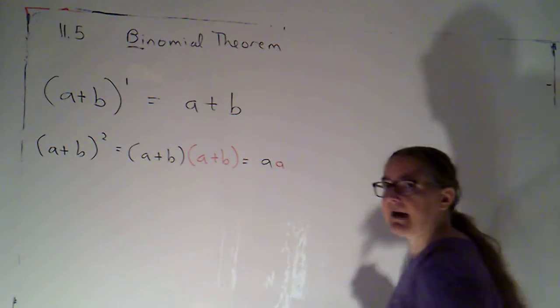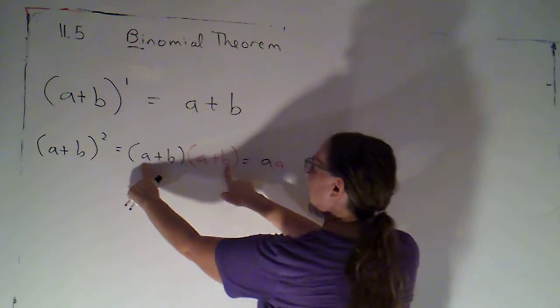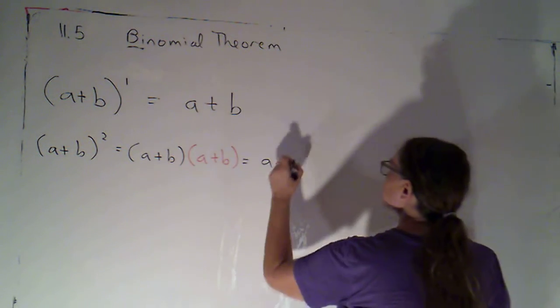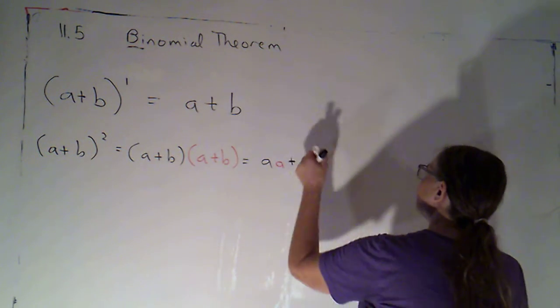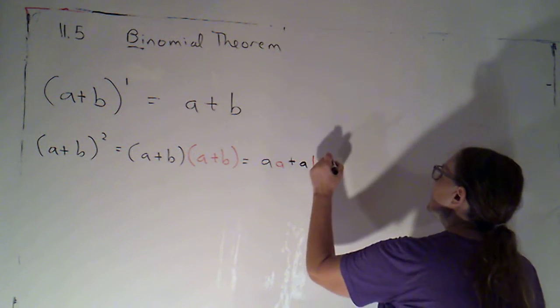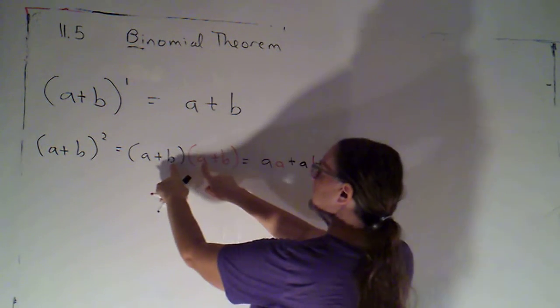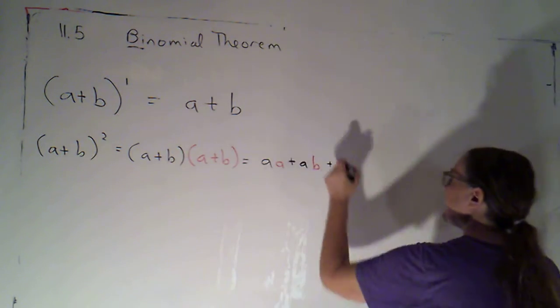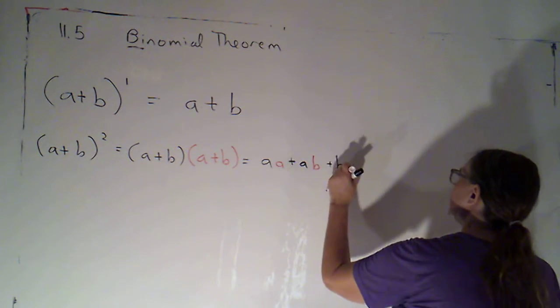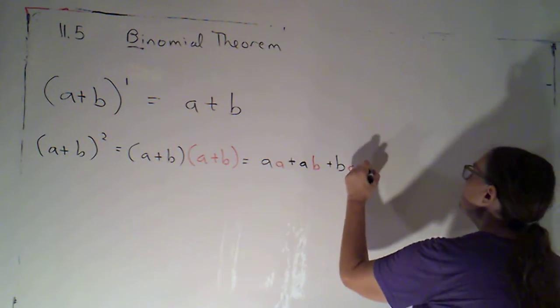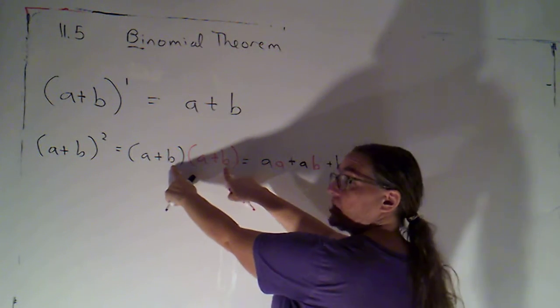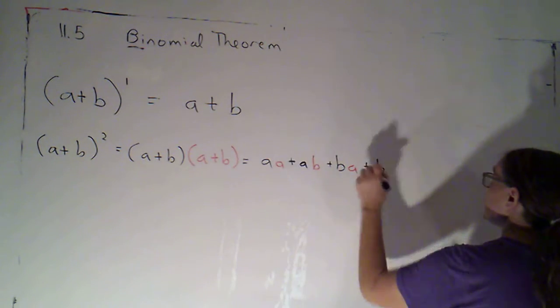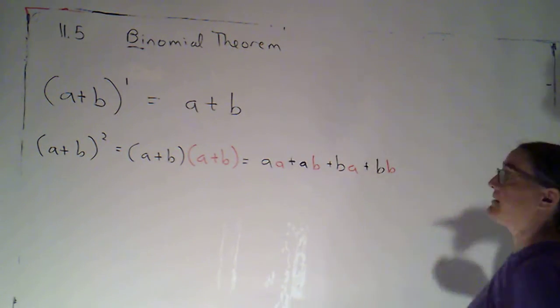That's the black a times the red a. My outsides would be a times b. That's the black a times the red b. Plus, my insides would be b times a. That's the black b times the red a. Plus, my last terms are b squared. Notice that's the black b times the red b.